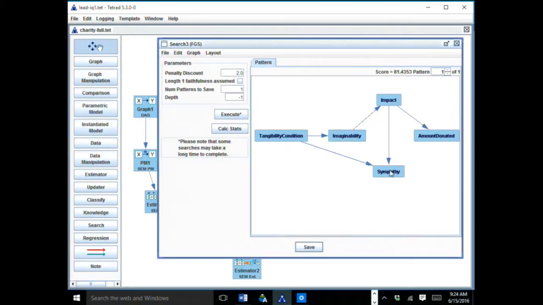It also causes sympathy. But now sympathy is a detectable collider because of the different structure, and the flow of influence goes through impact. That's a redundant way. So the causal influence of the condition on amount donated doesn't go through sympathy. That's the epiphenomenal. It goes through impact. I think this is a nice example. Let me show you how this estimates too.